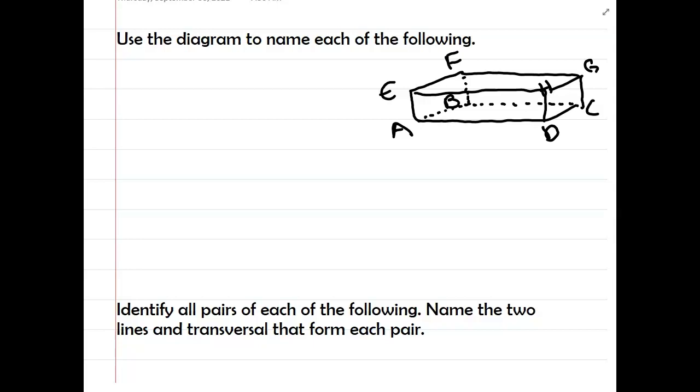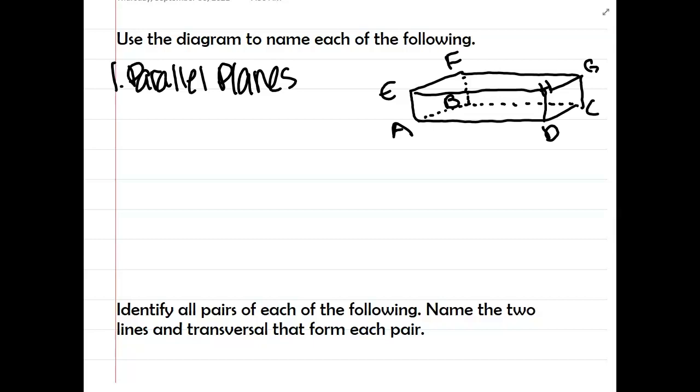Okay, so let's start by talking about parallel planes. Looking at this diagram, let's see if we can name parallel planes. Now, as a reminder, to name a plane, you have to have at least 3 points on the plane. So I want you guys to think about this for a second.